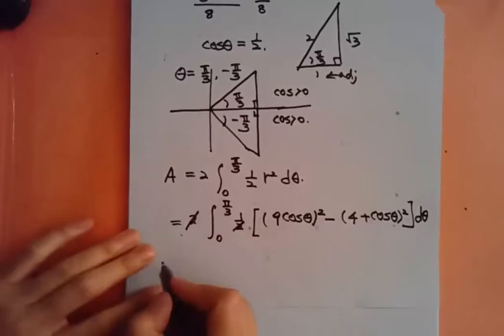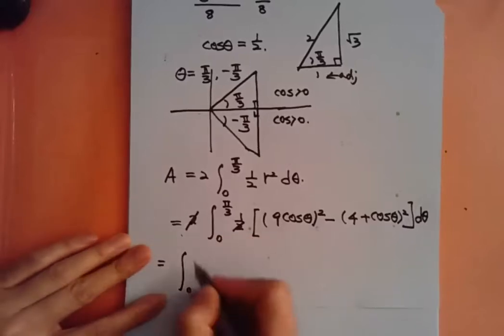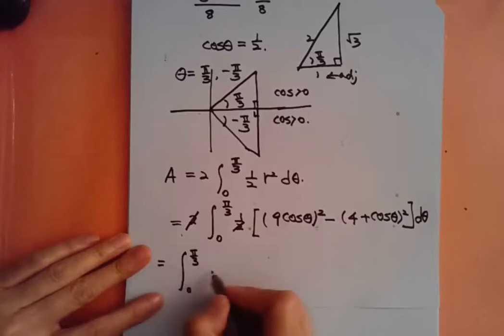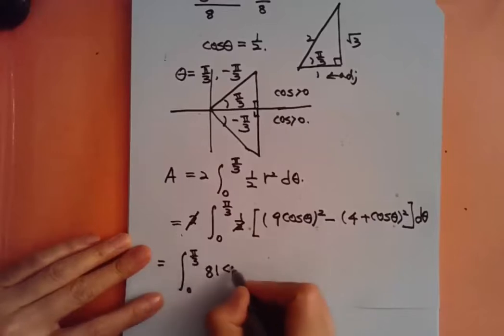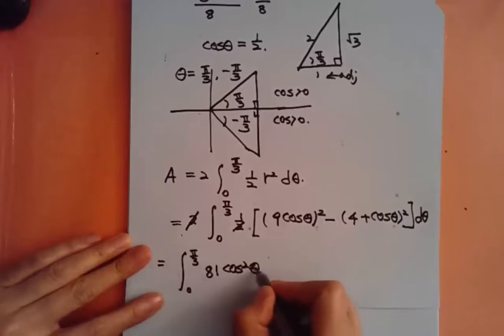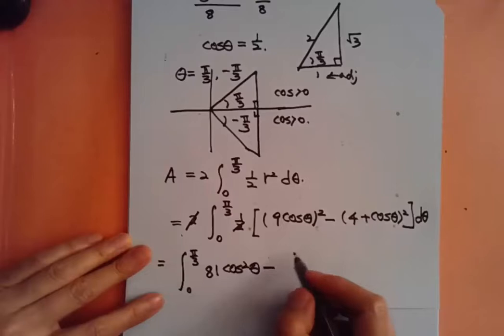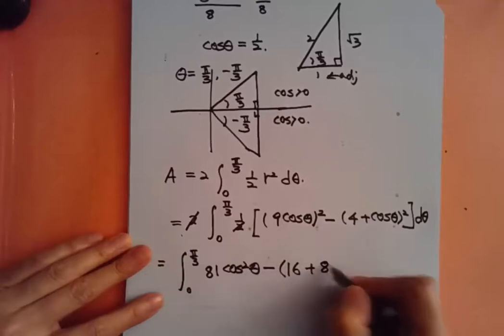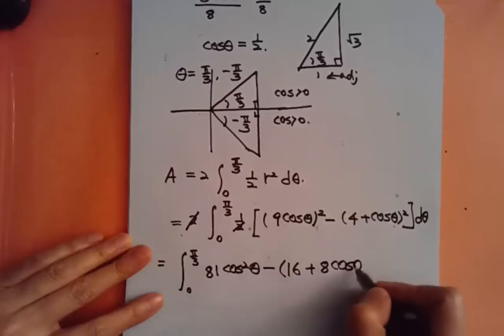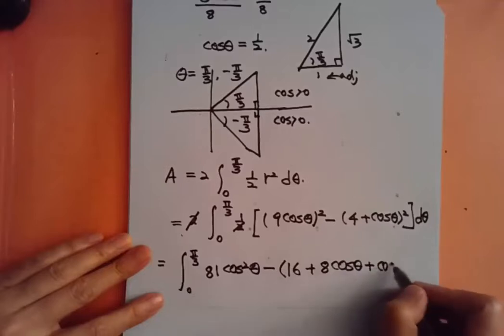And we cancel it out. So that becomes, from 0 to pi over 3, 81 cosine squared of theta minus, this one is 16 plus 8 cosine of theta plus cosine squared of theta.